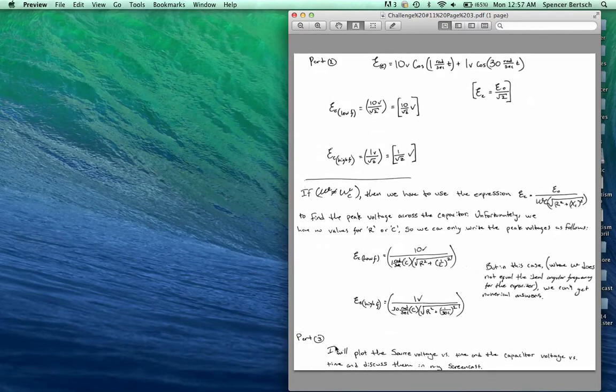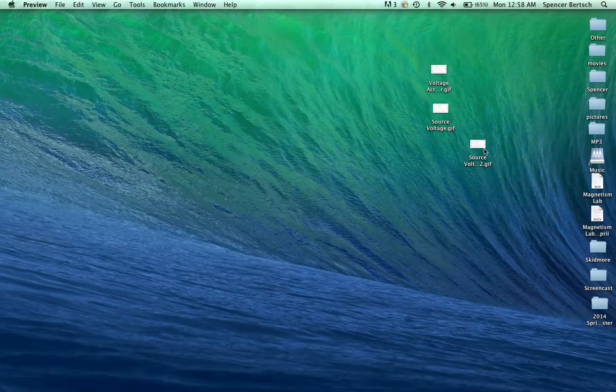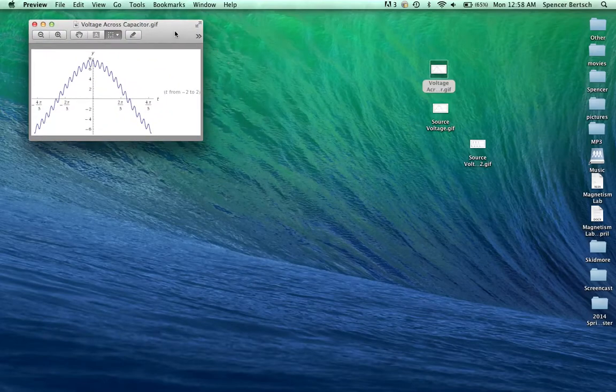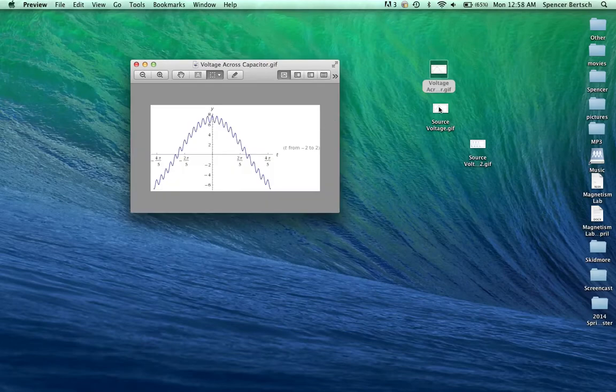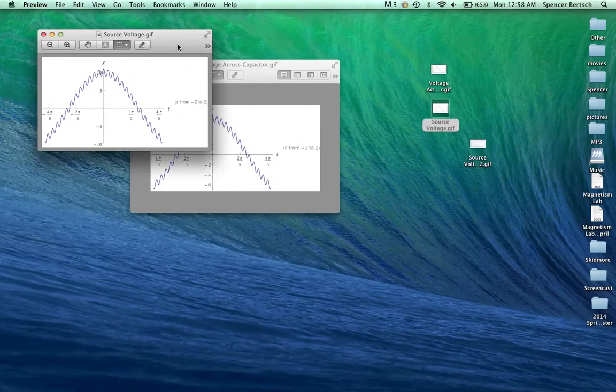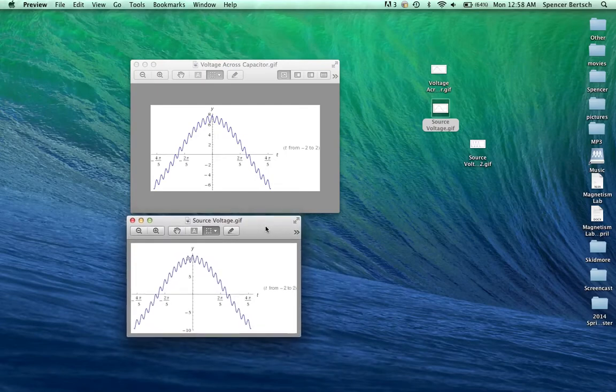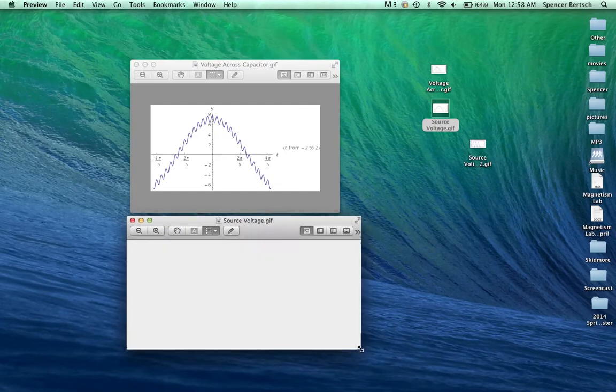So part 3 basically asks us to plot the source voltage versus time, and then plot the capacitor voltage versus time. So this is the voltage across the capacitor, and I guess it doesn't get any bigger than that, and then the voltage across the source. So you can see these are really two similar curves.